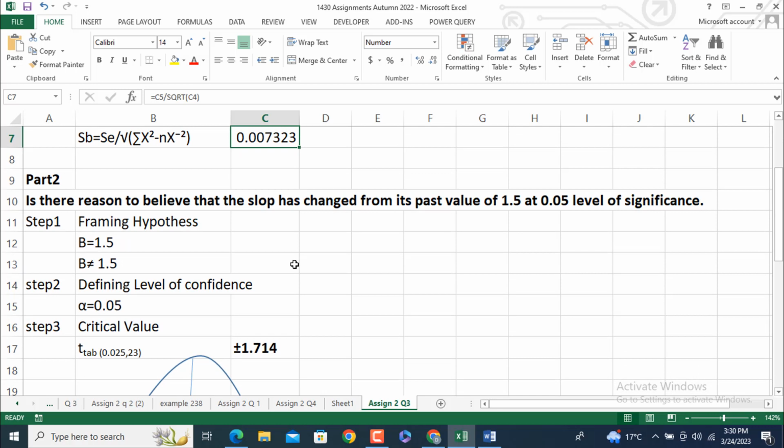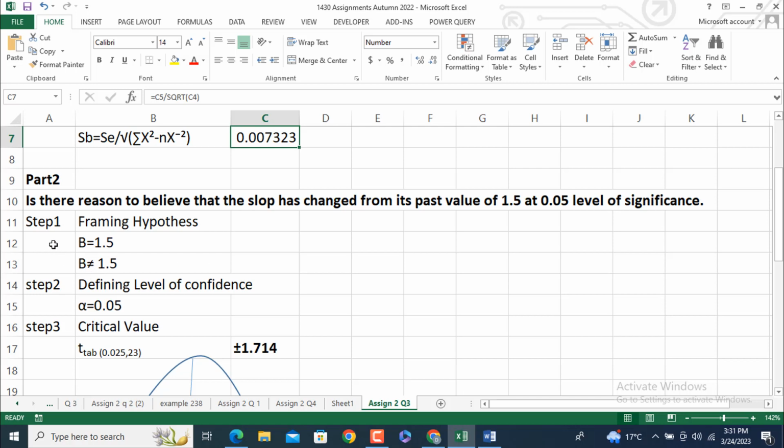Now part 2: is there reason to believe that the slope has changed from its past value of 1.5 at 0.05 level of significance? It means you are entering into a test of hypothesis. Step 1 is framing the hypothesis. H naught: b is equal to 1.5, and the alternative hypothesis H1: b is not equal to 1.5.